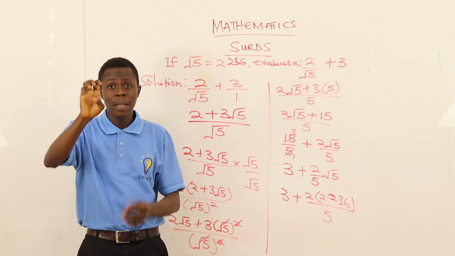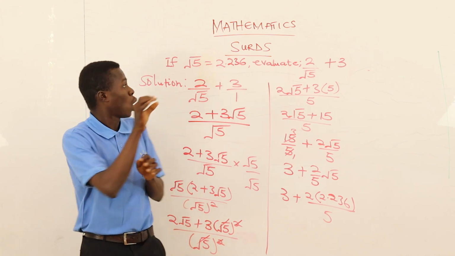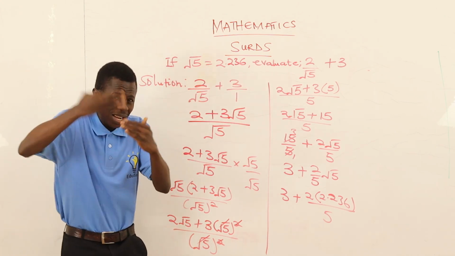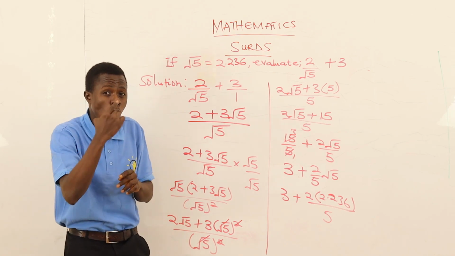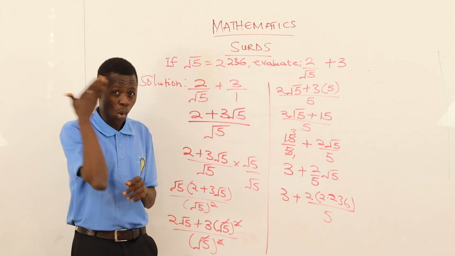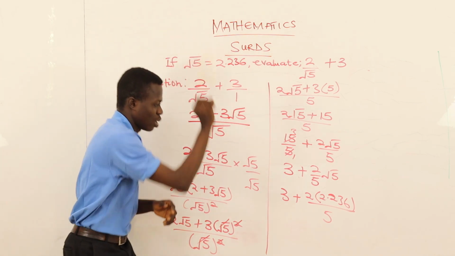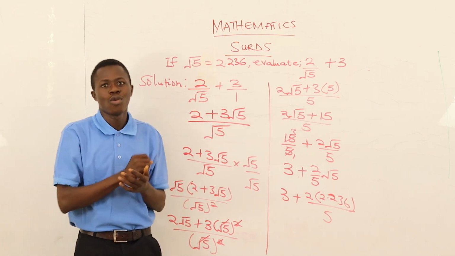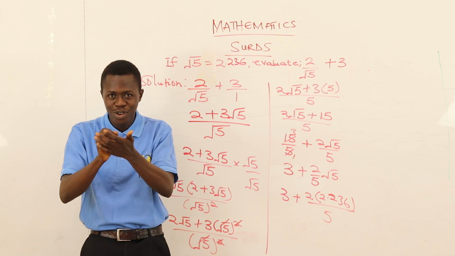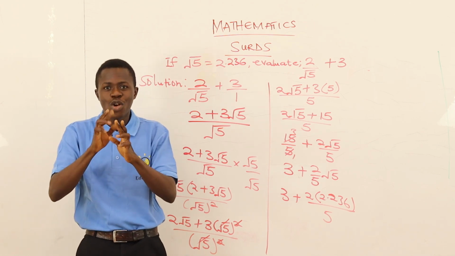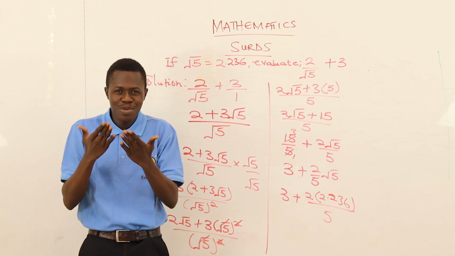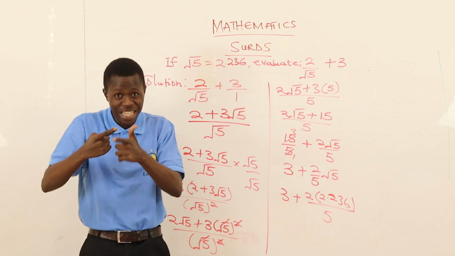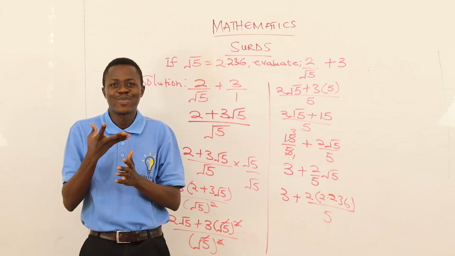So we said that if you see the word evaluate, then that means that for the final answer, if you have been given the value for the surd in the question, you replace it in the answer, and then you further calculate using your calculator.